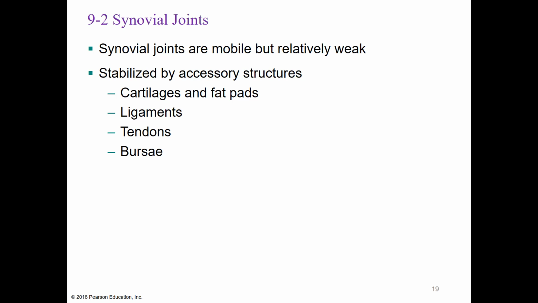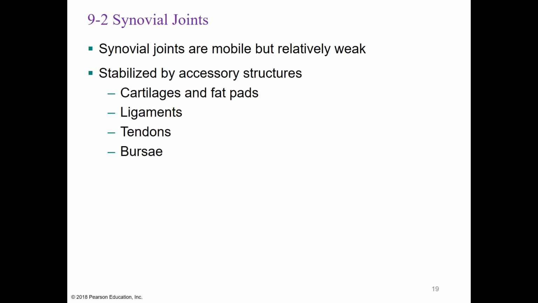We talked about that in our summary chart. They do have some stability because of some of their accessory structures like cartilage and fat pads, ligaments, tendons, and bursae. So let's go through what those are and then we'll refer back to our original figure.